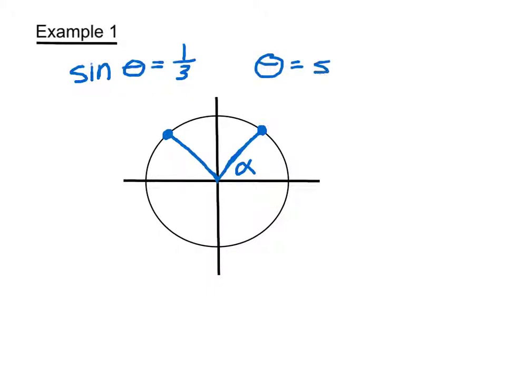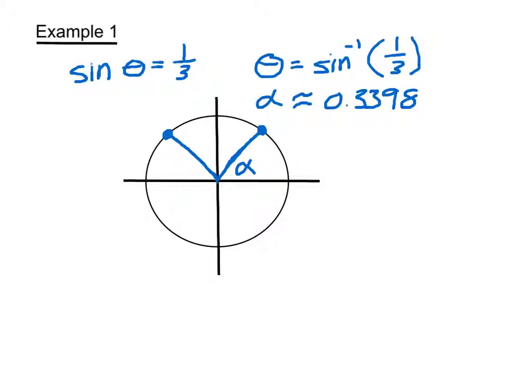So theta equals inverse sine of 1/3. And I can plug that in my calculator, and I will get approximately 0.3398. And that's my working angle alpha, but it's also one of my solutions because they're both in the first quadrant.